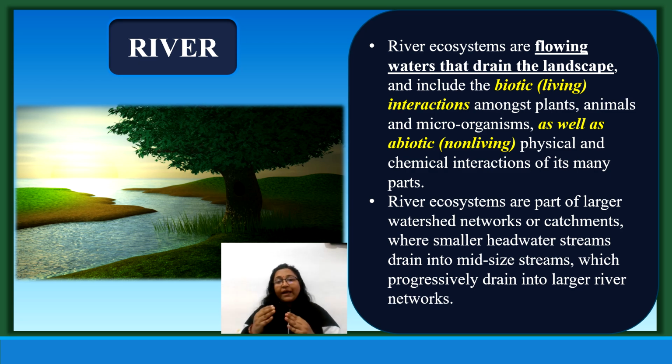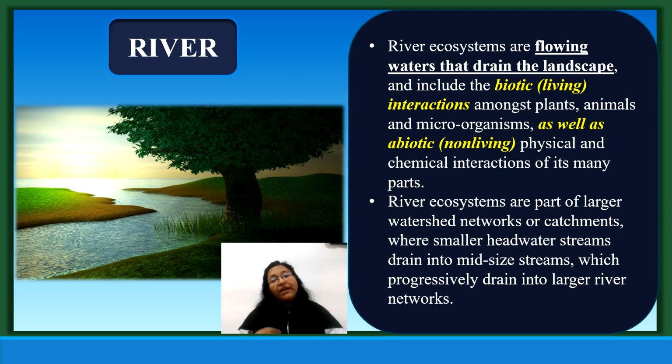Now, what is a river? River ecosystems are again flowing water where the volume of water is very, very high. Many streams of very large order come together to form a large flowing water body which we call a river. These flowing water bodies drain the whole landscape. In a catchment where different types of streams originate, as soon as we reach the lower reaches, all those streams come together to form a river.